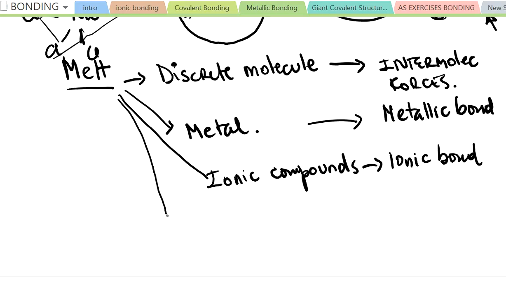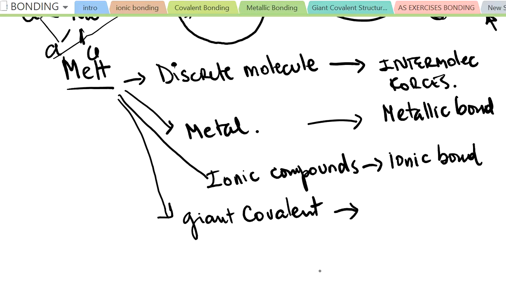And the last one is the giant covalent. Yes? In the giant covalent bonds, what do we need to overcome? Let's say that we want to melt graphite, or we want to melt sand, which is silicon dioxide.